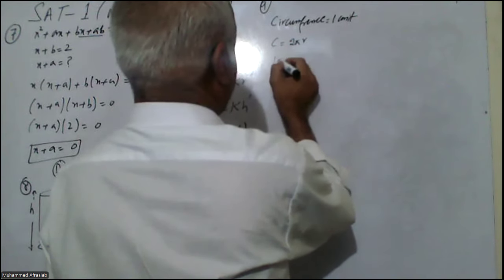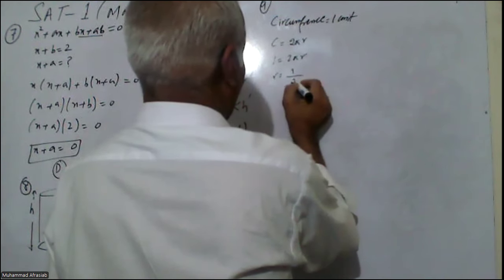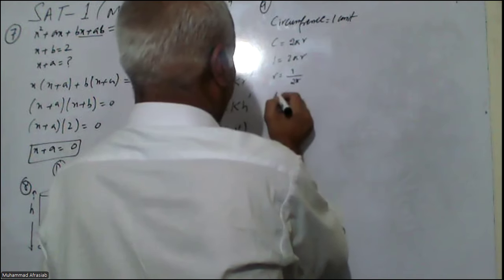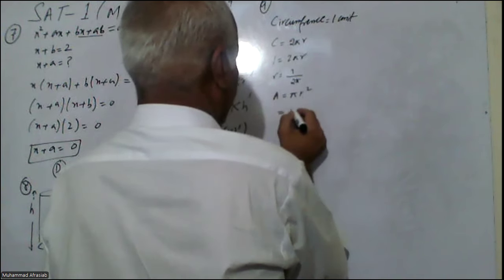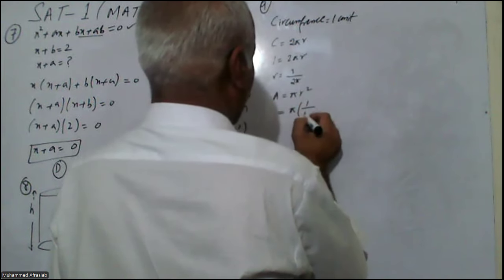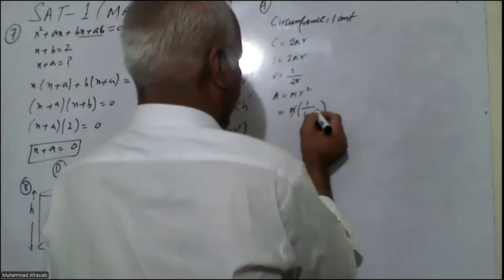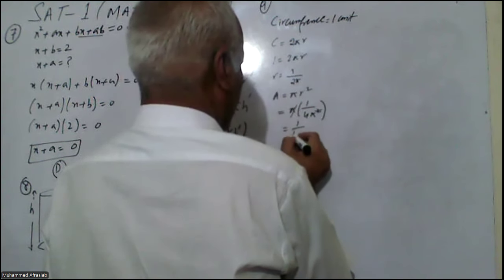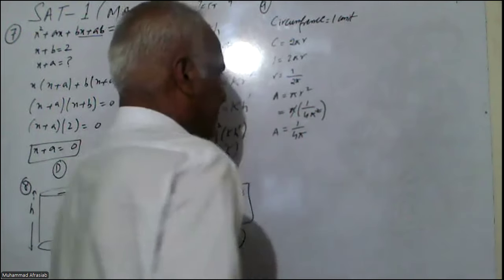So 1 is equal to 2 pi r, or r is equal to 1 over 2 pi. And the area of the circle is pi r square, which is equal to 1 over 4 pi square. So pi and pi cancel, and it should be equal to 1 over 4 pi.